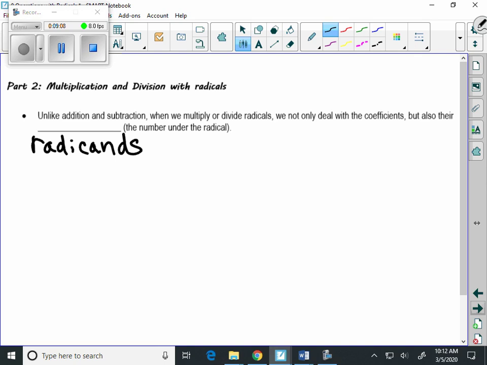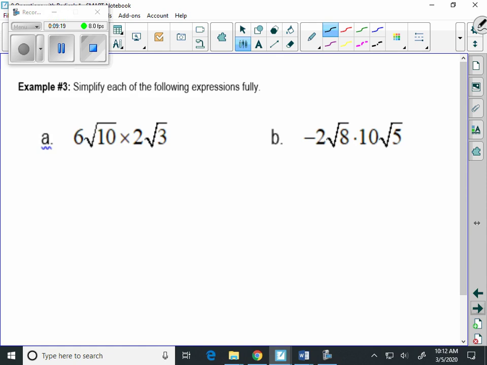R-A-D-I-C-A-N-D-S. Again, the radicand is the value that's underneath the square root symbol. And when we multiply or divide, not only do we multiply the coefficients, but we also multiply the radicals.